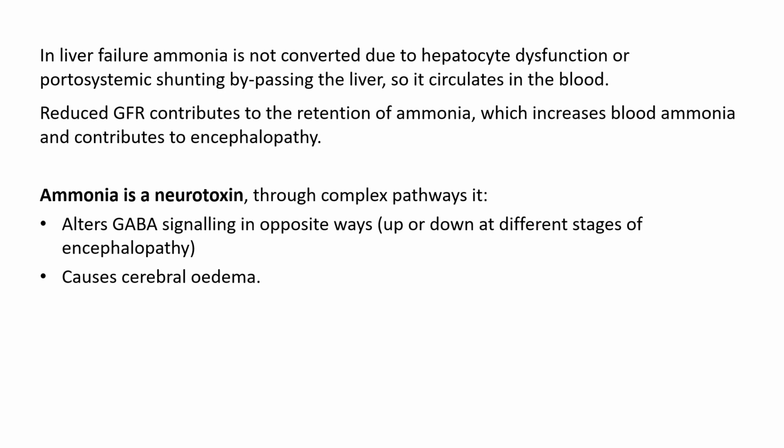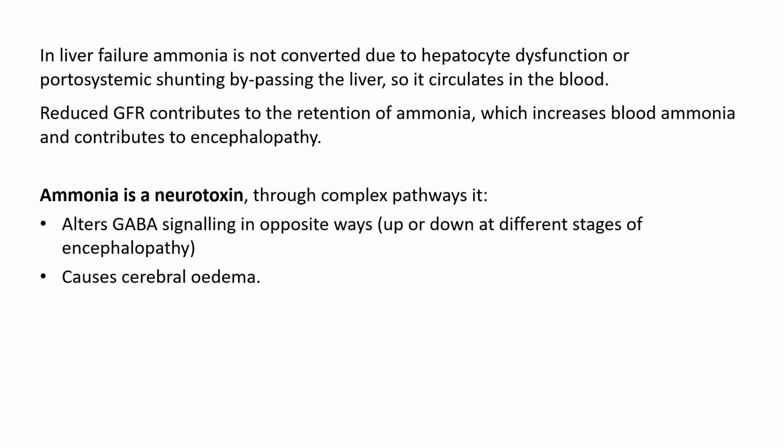Now, ammonia is a neurotoxin, and we're not going to go into the full details of how it does it. You don't need to know that. But what it does, it alters GABA signaling in opposite ways. So GABA levels can either go up or can go down at different stages of encephalopathy.